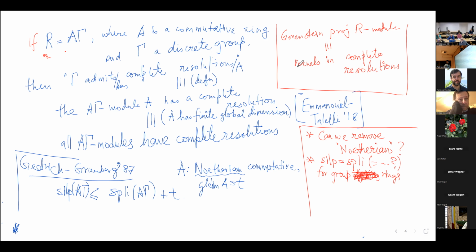Sorry, I'm a bit confused. You say kernels in complete resolution, and we have a resolution and an exact sequence, so kernels are equal to co-kernels. Yeah, so why call it kernels, not just elements? Kernels or co-kernels. Kernels is a shorter word, of course, as a cycle.